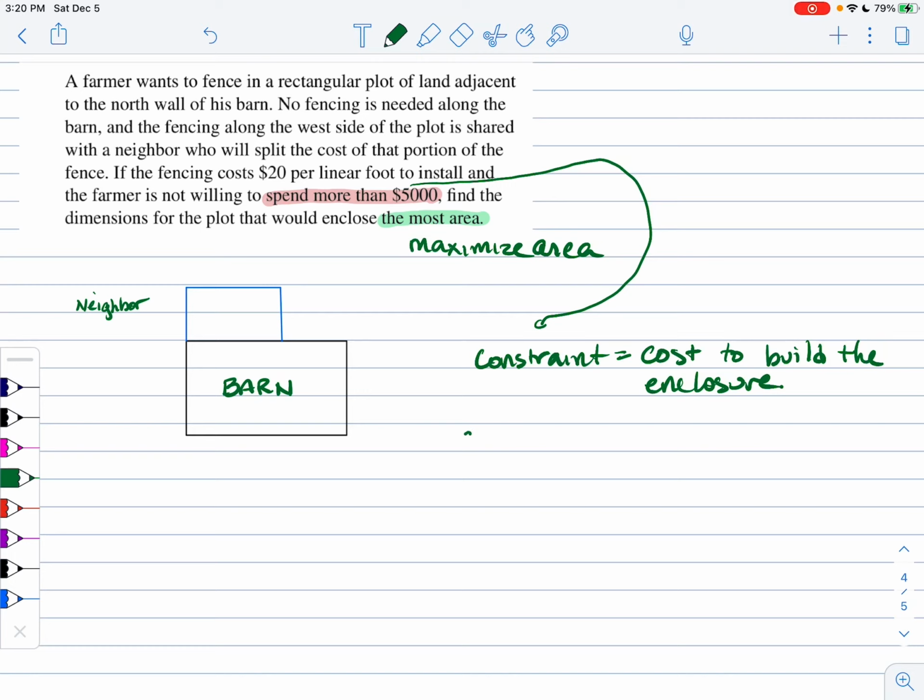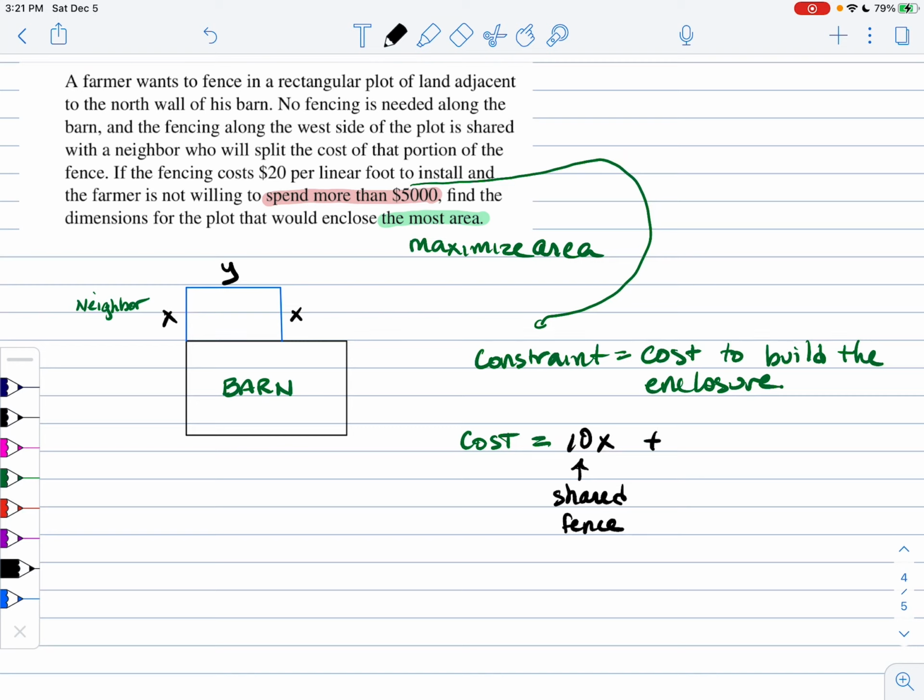So our cost here is going to be, if I just go back and label, let's call this X. That means the other side, since it's a rectangle, is going to be X, and we'll call this Y. And I know that my cost will equal $10 times X. That's the shared fence, right? $10 per foot times the number of feet.